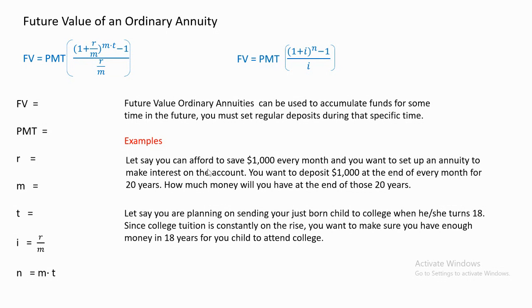Here's a scenario. Let's say you are planning on sending your just born child to college when he or she turns 18. Since college tuition is constantly on the rise, you want to make sure that you have enough money in 18 years for your child to attend college. So I'm going to go over these two scenarios in my next examples.